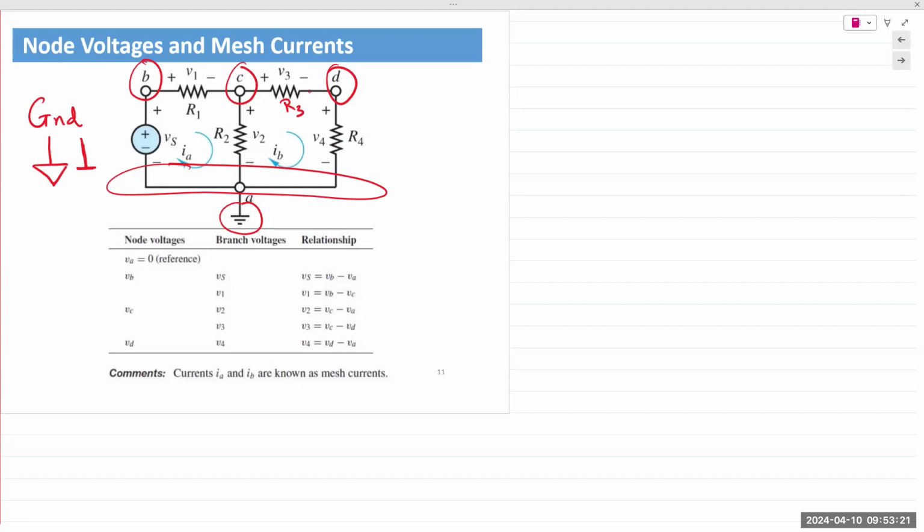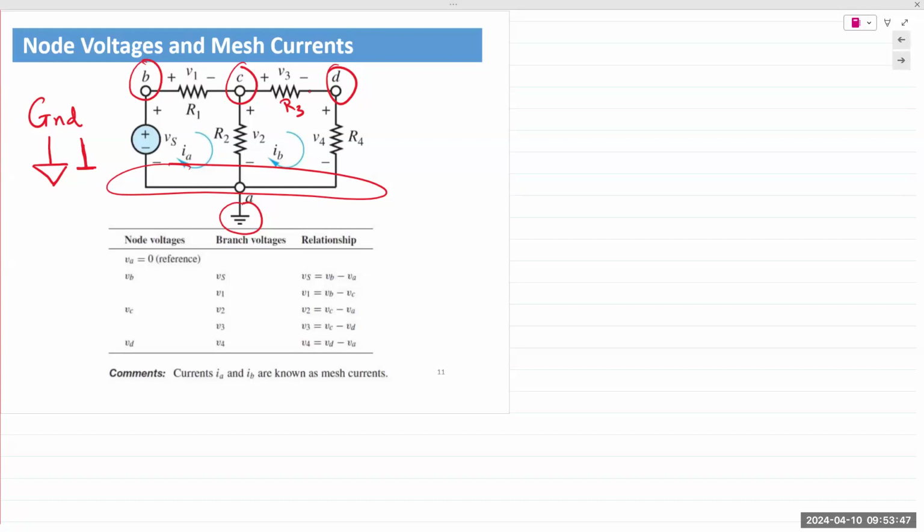So we saw in chapter 1 the 2 subscript notation for voltages, right? VAB means you're measuring voltage at A with your point of reference at B. VA would be the node voltage if B was noted as the reference point for the entire circuit. So here we talk about the single subscript notation.